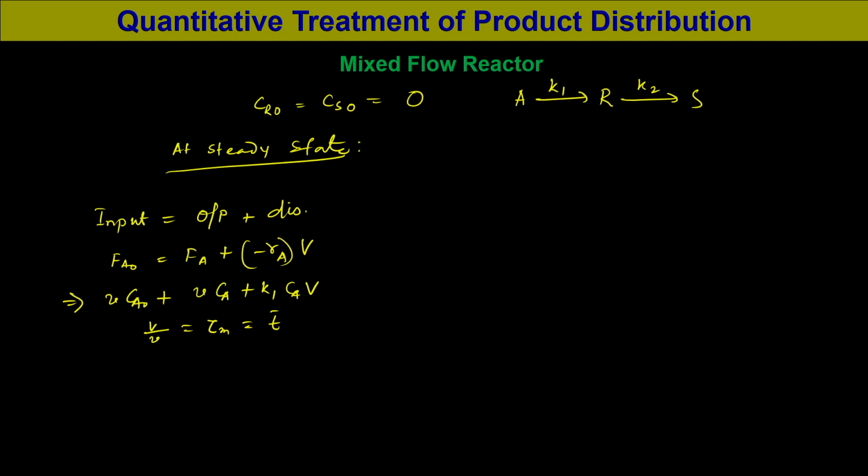So, if we rearrange this relation, this would be V Ca naught is equal to Ca naught times volumetric flow rate plus K1 times V.